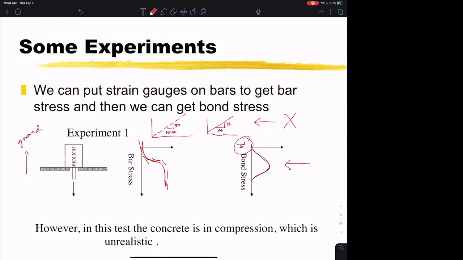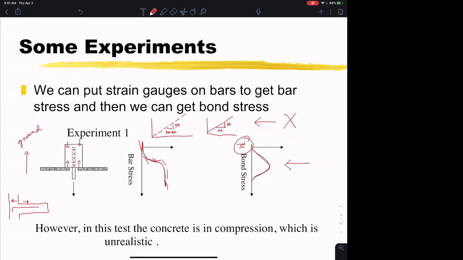But everybody who measures development length or bond strength does some kind of experiment like this. But this is an unrealistic experiment because this concrete is in compression, right? That's not realistic. In a beam, like our beam, the concrete is in tension. That's the whole point. The bars are in the concrete only where the concrete's in tension.